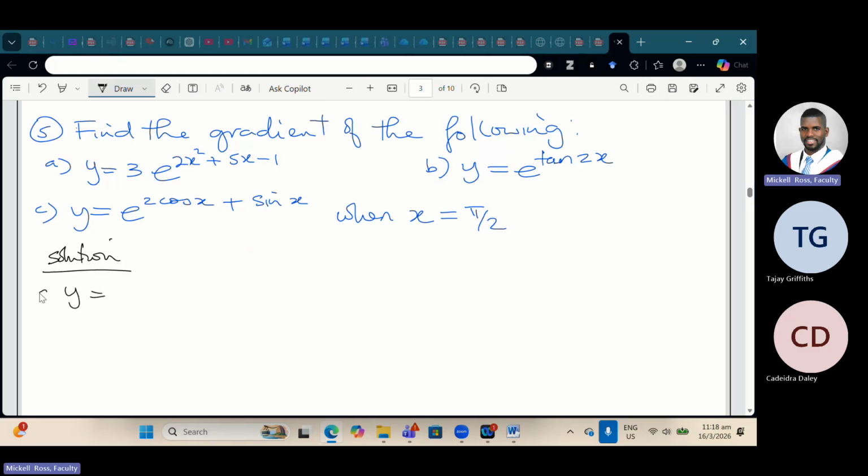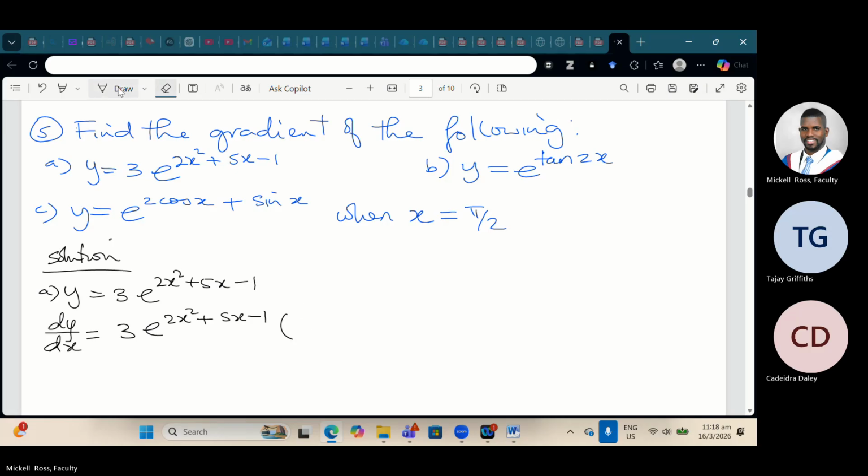If we have y is equal to 3e to the 2x squared plus 5x minus 1, then the derivative is e to the 2x squared plus 5x minus 1 multiplied by the derivative of the power, which is just going to be 4x plus 5.